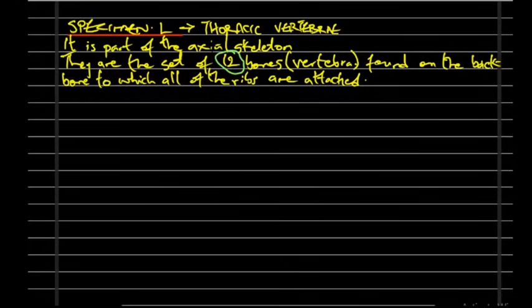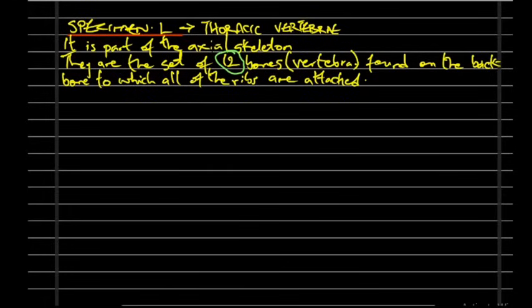So on the human vertebral column, the thoracic vertebrae that we have there, starting from the base of the skull, which is where we have the last cervical vertebrae. From there is where we have the beginning of the thoracic region, where we have the T1, T2 till it gets to the T12.